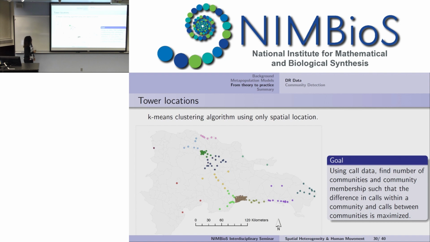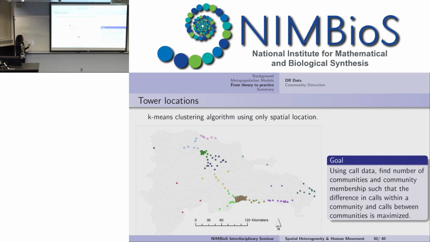First, we used a k-means clustering algorithm to categorize the towers into communities using just the distance between the towers. As you would expect, towers that are close to each other are grouped into the same community. One community I want to draw your attention to is this one around the capital, Santo Domingo. All of the towers there are clustered into the same community because they're all close to each other geographically.